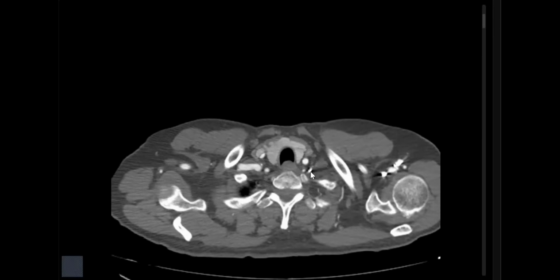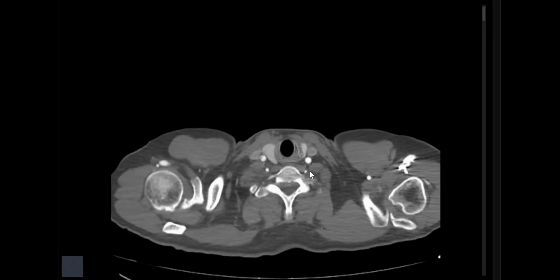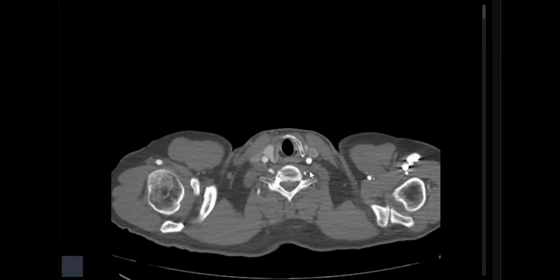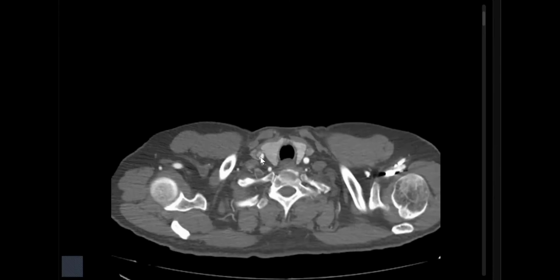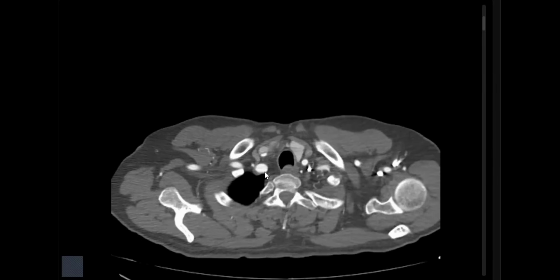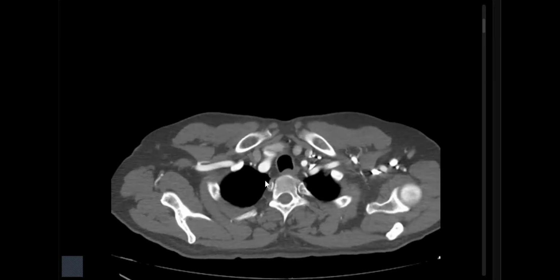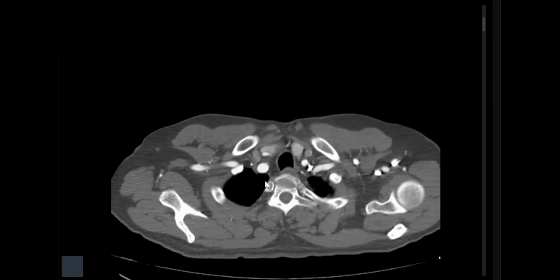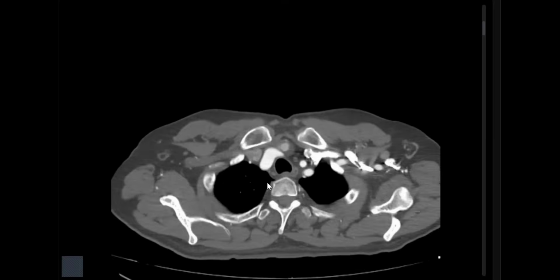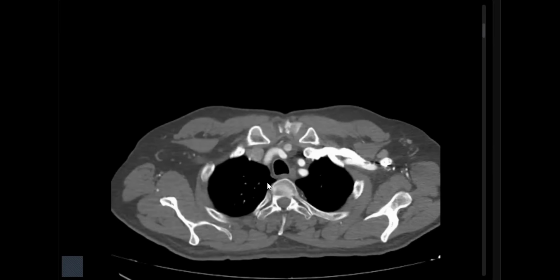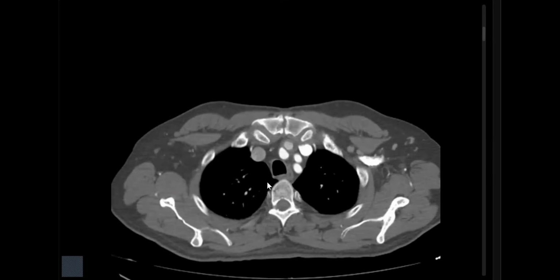Yes. So there is where it started, the start point, the highest. Because there is a dissection flap extending to the right common carotid, it will be a type A dissection. Good. This is the dissection flap.